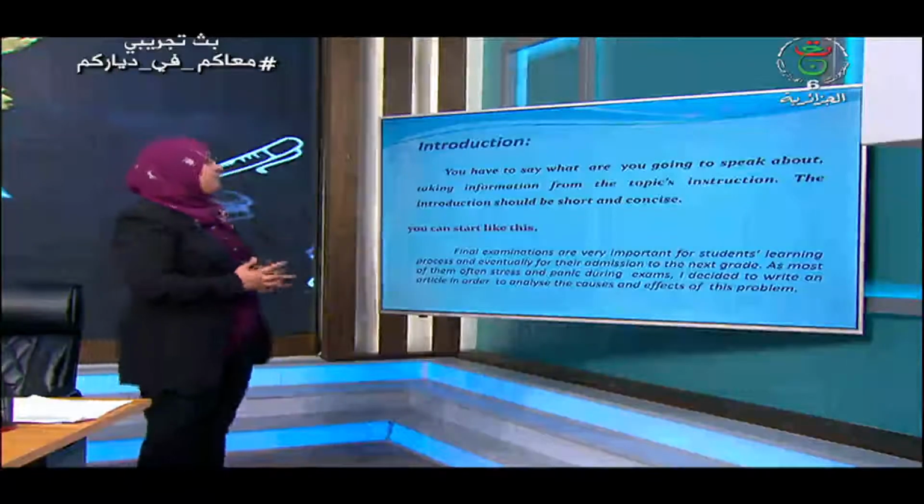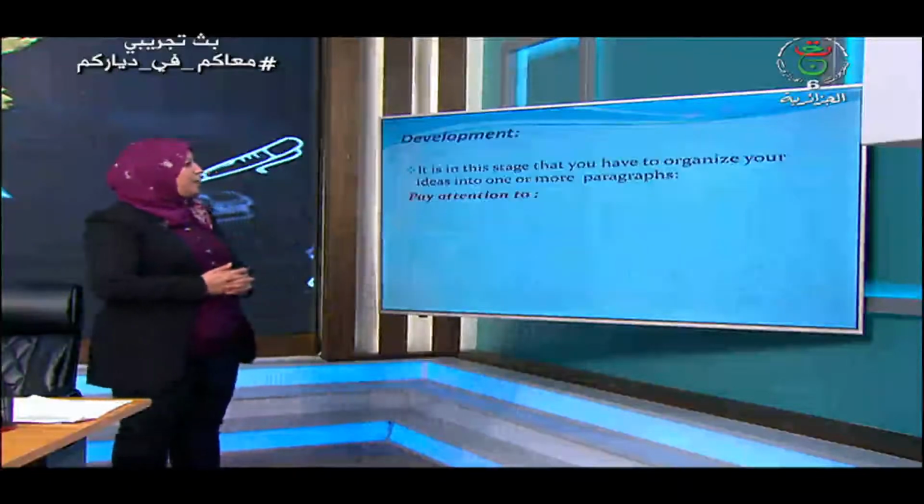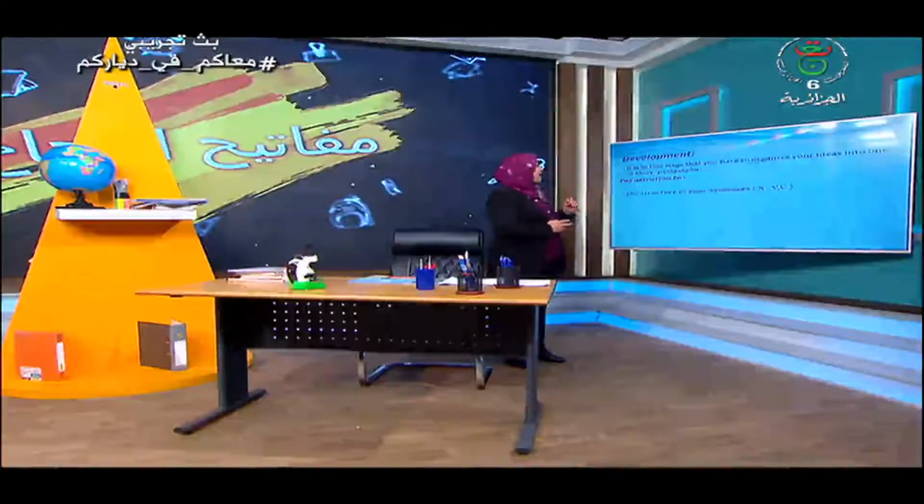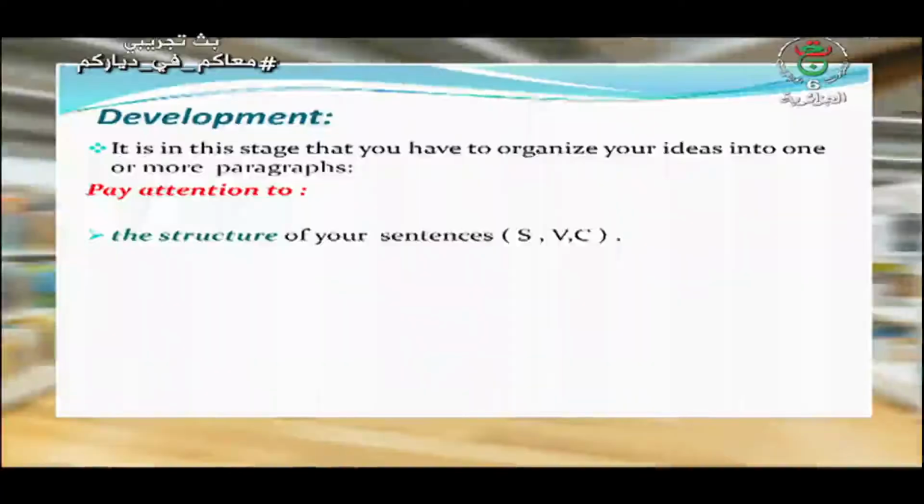Let's move to the development. Well, it's in this stage that you have to organize your ideas into one or more paragraphs. Either you choose one paragraph where you link together the causes and effects, or you write two paragraphs, the first one for the causes and the second one for the effects.